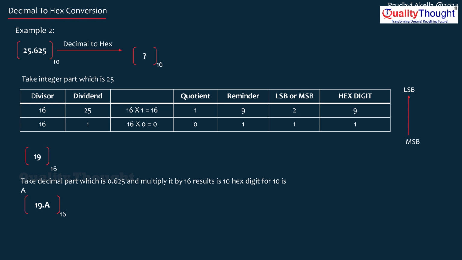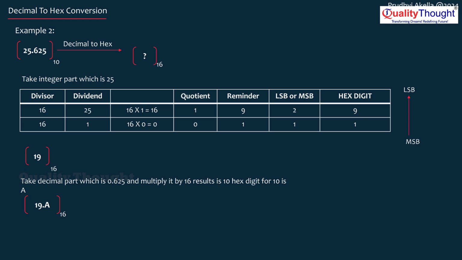You apply the same steps, correct? It's going to be 1 and 9. Okay. Now you have the precision part, correct? 625. Now you need to take 0.625 and multiply it with 16. The result is 10.